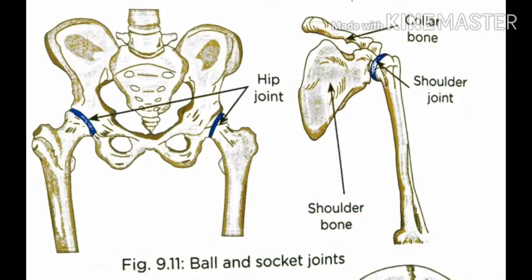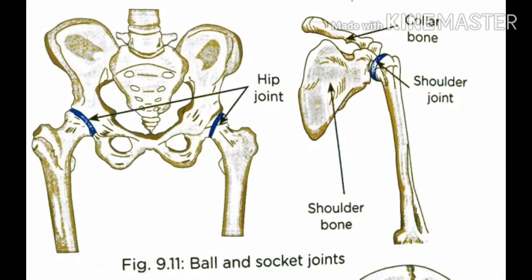One end of the bone is like a ball and it fits into the socket of another bone. Socket means it's hollow, so the end of the bone that looks like a ball fits into that socket.